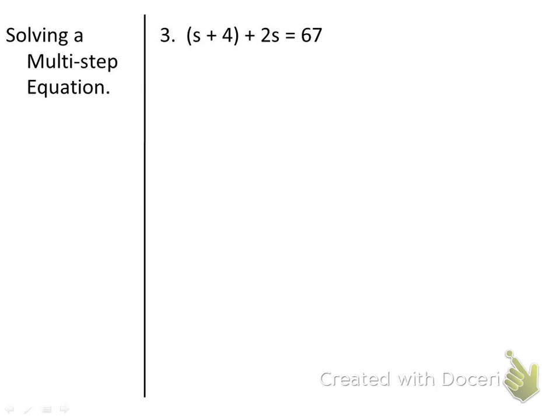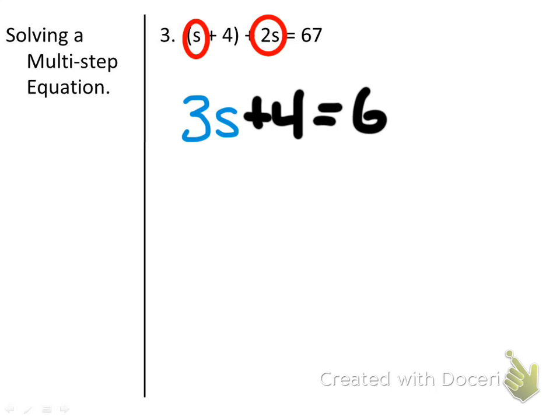Okay, let's try and solve number 3, solving a multi-step equation. These parentheses, there's nothing in front of them, so I'm not multiplying or doing distributive property. So I'm just going to combine like terms. So I have an s and a 2s. So 1s plus 2s equals 3s plus 4 equals 67.